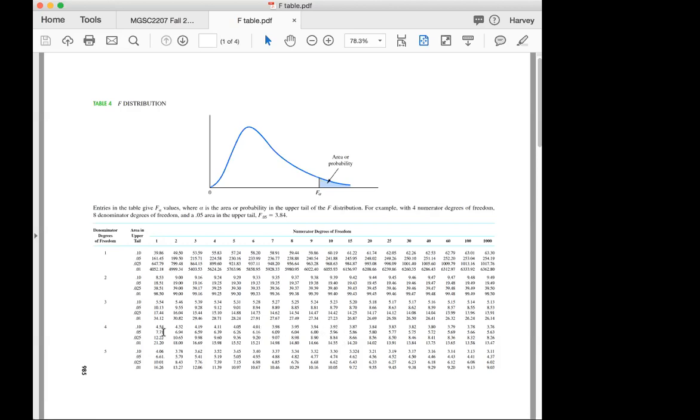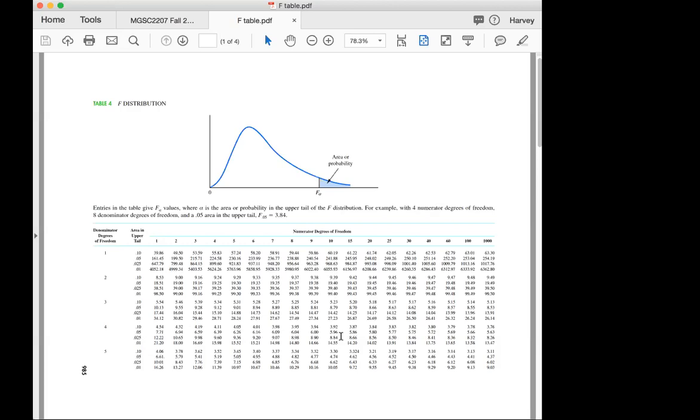Area in the tail is 5%, so I look at 0.05, and if I go across, my F value will be 5.96. So for 10 numerator and 4 denominator degrees of freedom, with an area in the tail of 5%, my F value would be 5.96. That's how we use it.